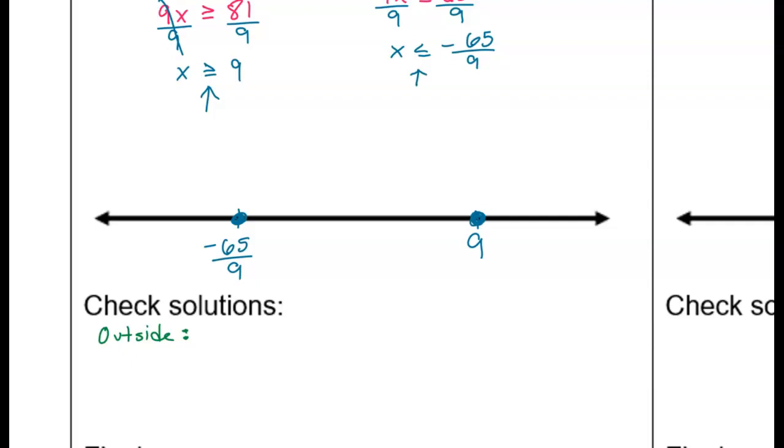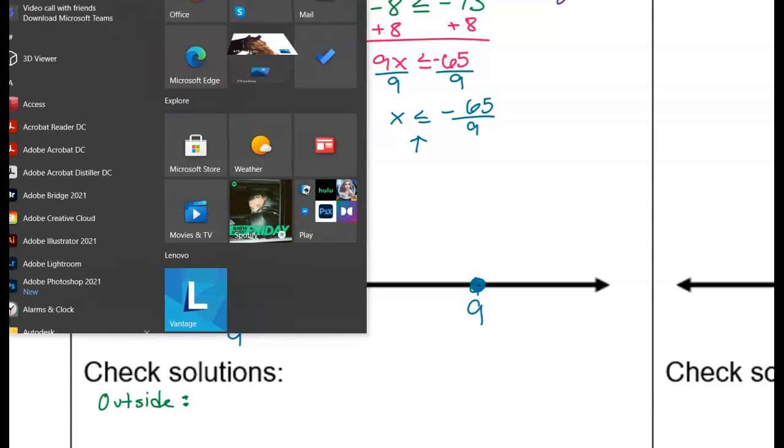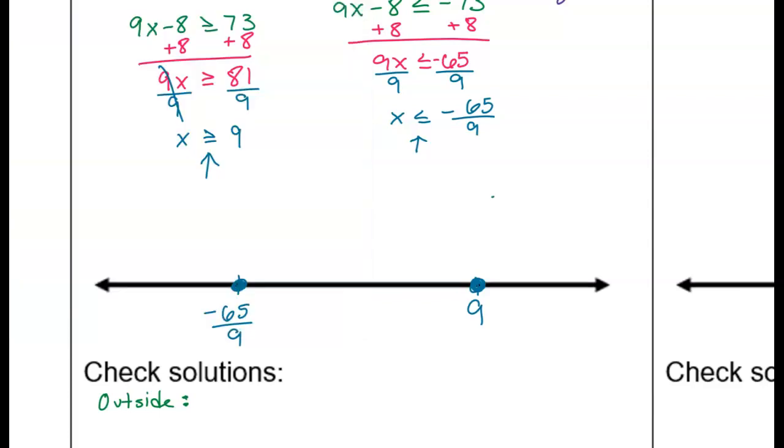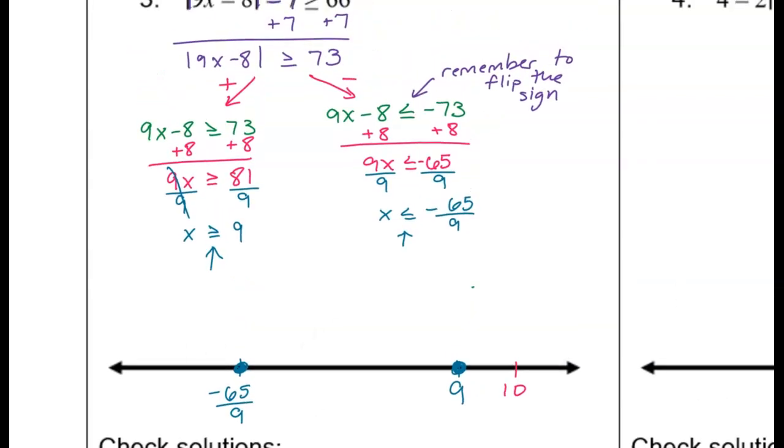It doesn't really matter. I think this time I'll pick 10, a positive 10. So I'm checking 10, and remember I'm plugging it into my original.